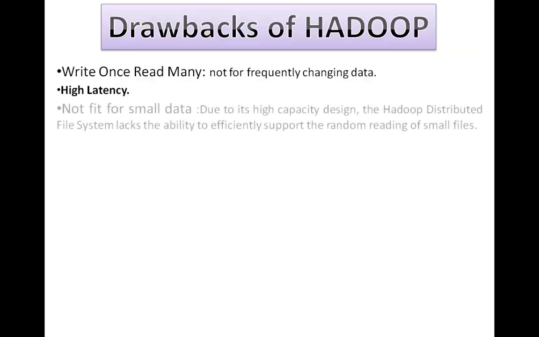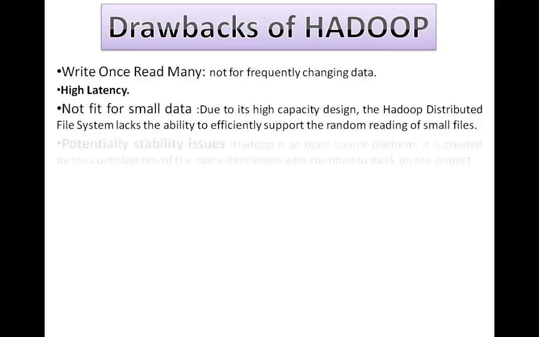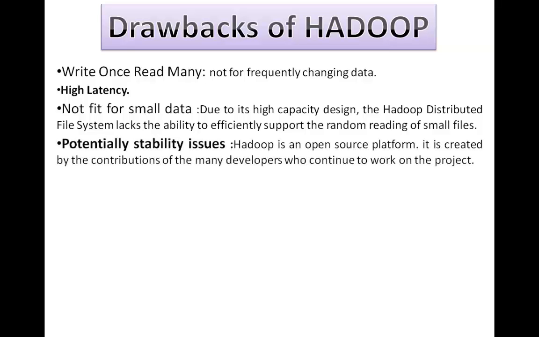It is high latency. It's not fit for small data. Due to its high capacity design, if small data is placed on it, the control will be spread quite large, and thus efficiency will be lost. Then there are stability issues, because it is open source software and several programmers develop it simultaneously, and any kind of error can generate instability in it.